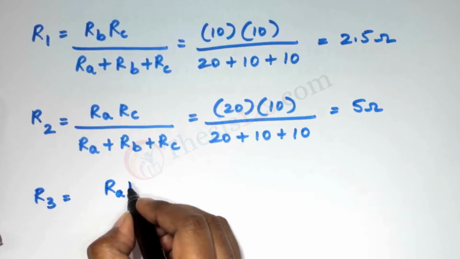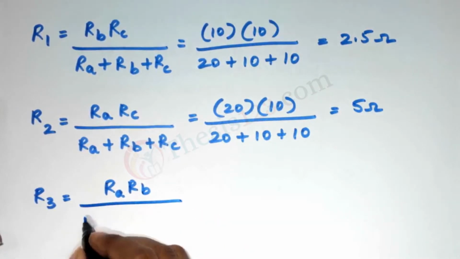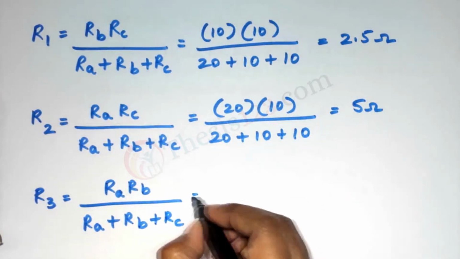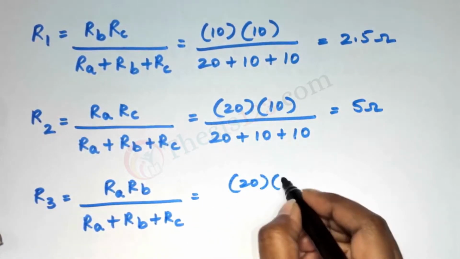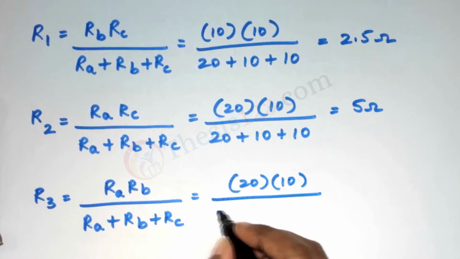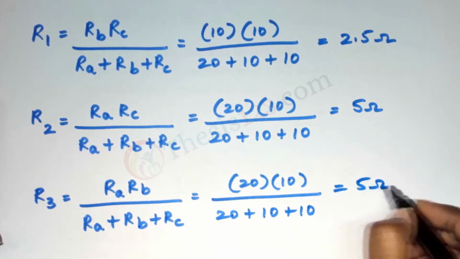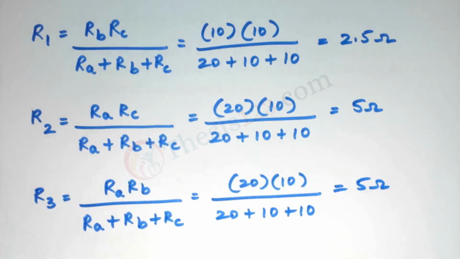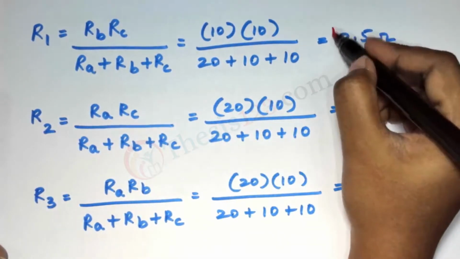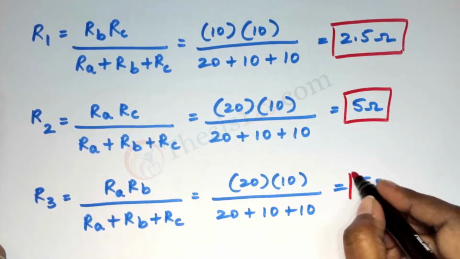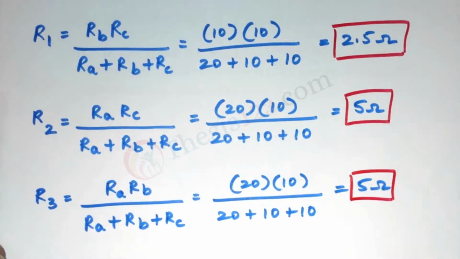R3 would be RA times RB divided by RA plus RB plus RC. And that gives us 20 times 10 divided by 20 plus 10 plus 10, which is 5 ohms. So here our final answers would be 2.5 ohms for R1, 5 for R2, and 5 for R3.